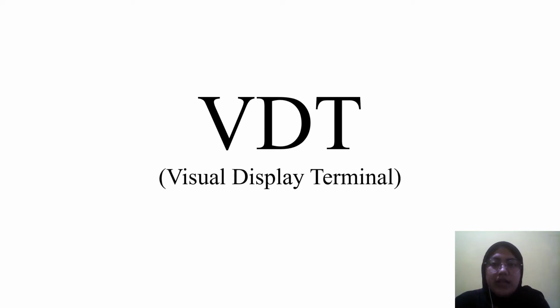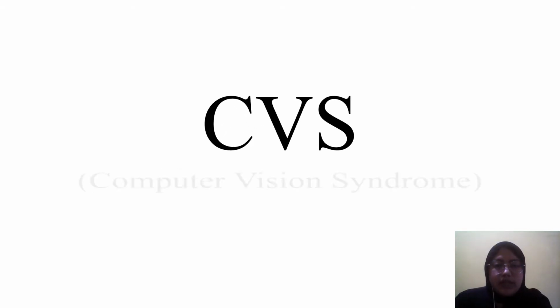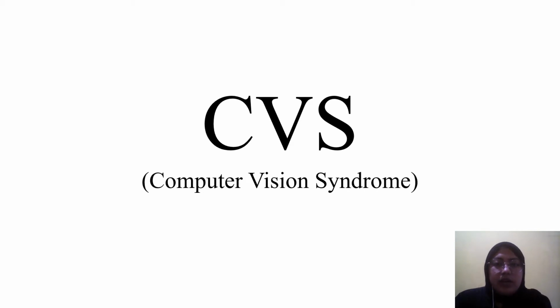Excessive and prolonged use of a VDT, or Visual Display Terminal, which we usually call a digital device, including smartphones, can result in a vision problem, namely CVS. CVS, or computer vision syndrome, is commonly referred to as digital eye strain. The American Optometric Association defined it as a group of problems related to vision and eyes caused by prolonged use of gadgets.